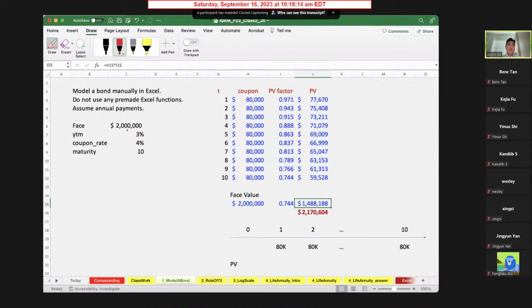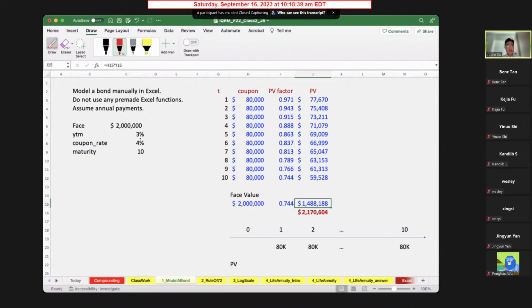So the face value is $2 million, yield to maturity, YTM, is 3%. That is going to be the actual interest rate for these payments. We're not going deeper into that in this class. The coupon rate is the interest paid.